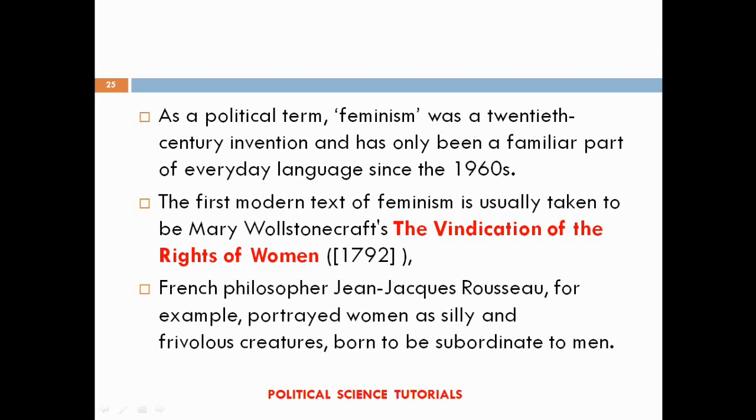1789. But the declaration pointedly failed to address the legal status of women, or you can say this declaration ignored the equal status for women.